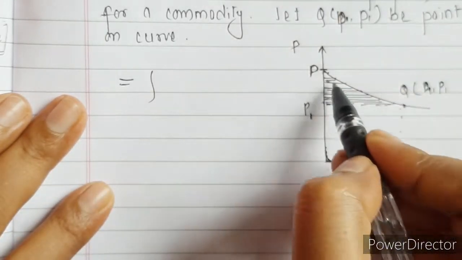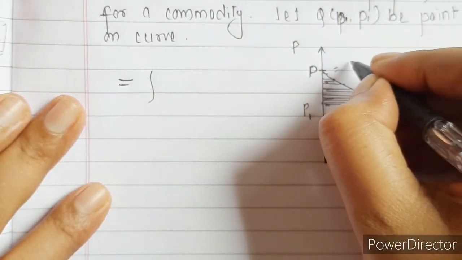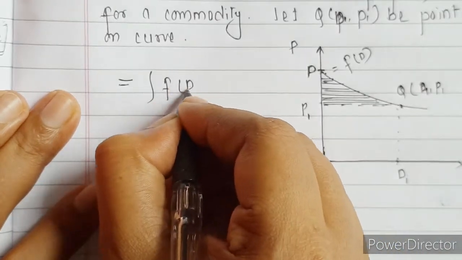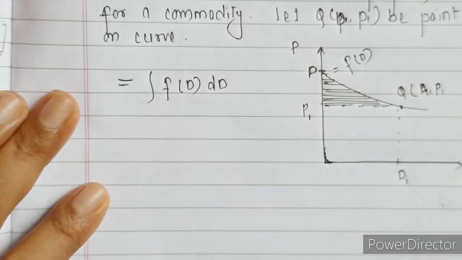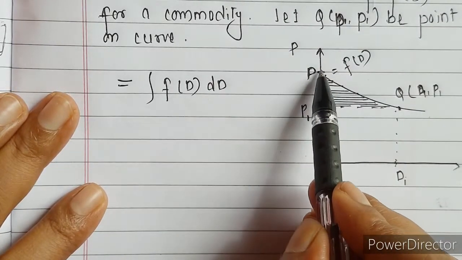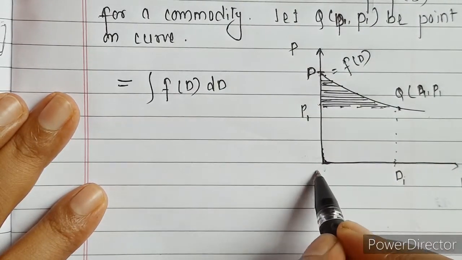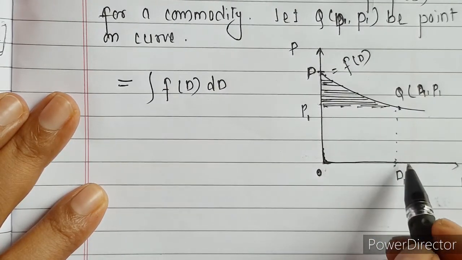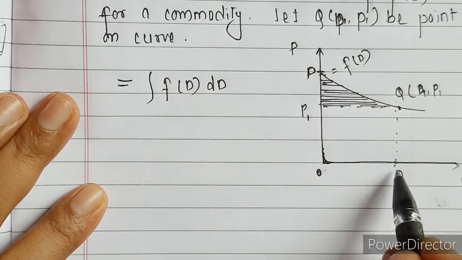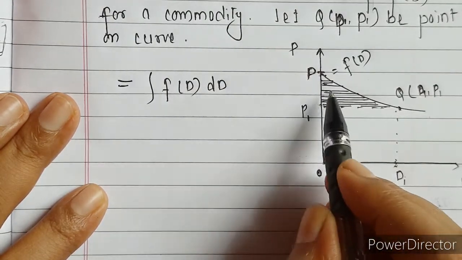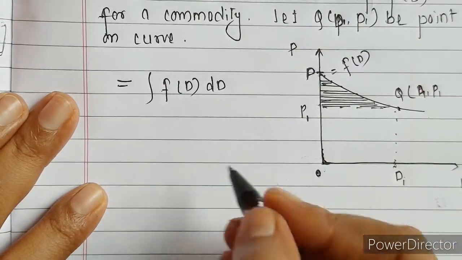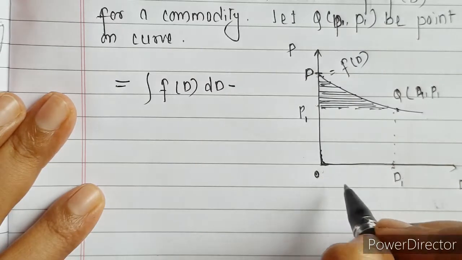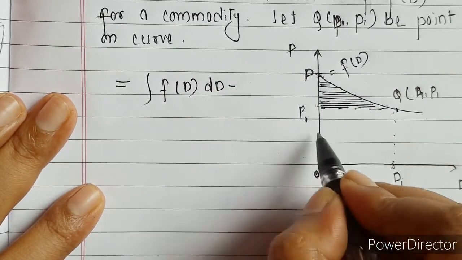That will be the integral of f(D) with respect to D, from the origin to D1. Now we subtract this rectangle, and after subtracting it we get this shaded area. What is the area of the rectangle?